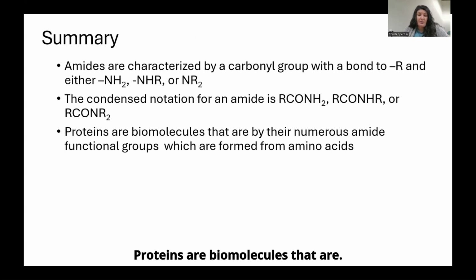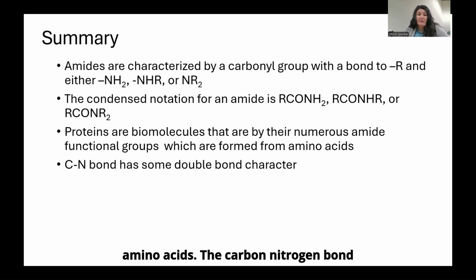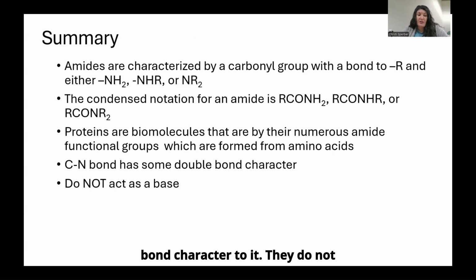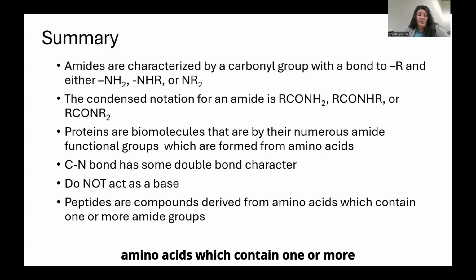Proteins are biomolecules that are characterized by their numerous amide functional groups, which are formed from amino acids. The carbon-nitrogen bond within the amide group has some double bond character to it. They do not act as bases like amines do. And peptides are compounds derived from amino acids which contain one or more amide groups.